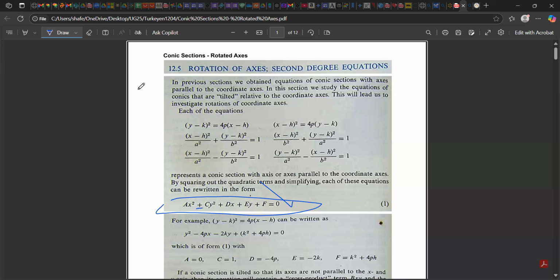Well, that depends on the C value, right? You don't have to have a plus sign here. Good. So, what about if you have what you call a rotated axis, meaning the axis of the conic section is not parallel to the x-axis nor the y-axis. And things get very, very complex, especially the algebra, right?